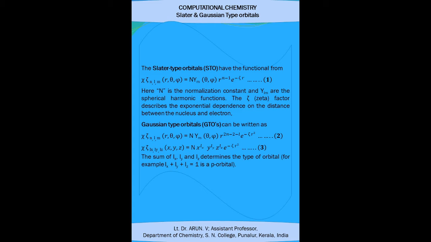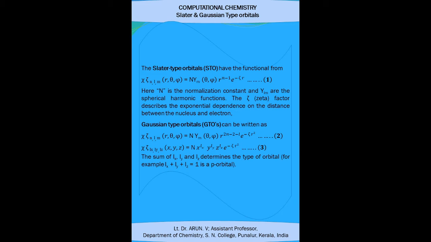Similarly, the Gaussian type orbital can be written as chi(zeta, n, l, m; r, theta, phi) equal to N Y_lm(theta, phi) r^(2n-2-l) e^(-zeta r^2). Here, the sum Lx, Ly, Lz determines the type of orbitals.